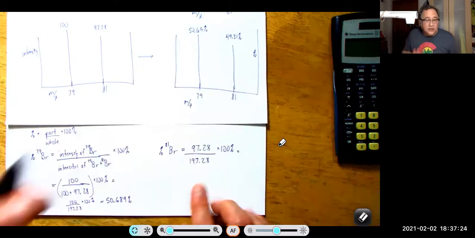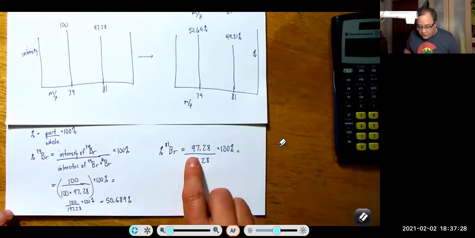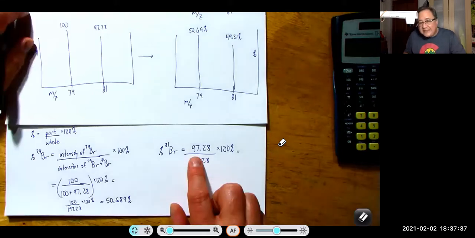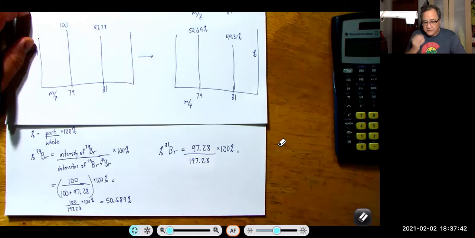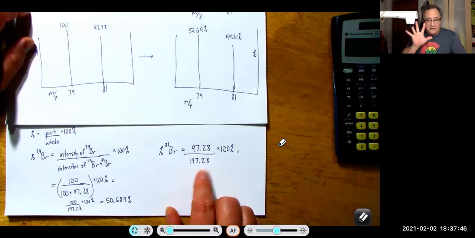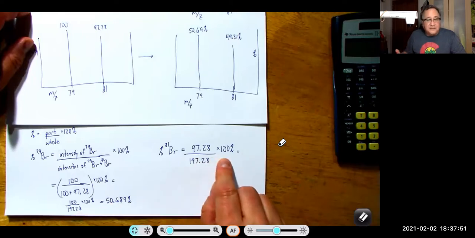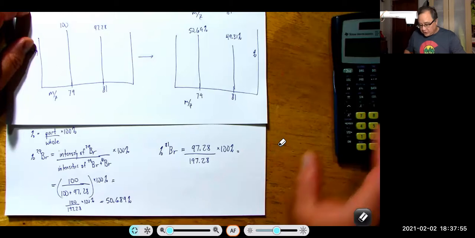In this case, we only get 4 significant figures because 97.28 has 4 sig figs, even though 197.28 has 5. I'll say that a little more slowly. 97.28 has 4 significant figures, 197.28 has 5. 100 has an infinite number of significant figures, so we get 4 sig figs. So do your calculations.